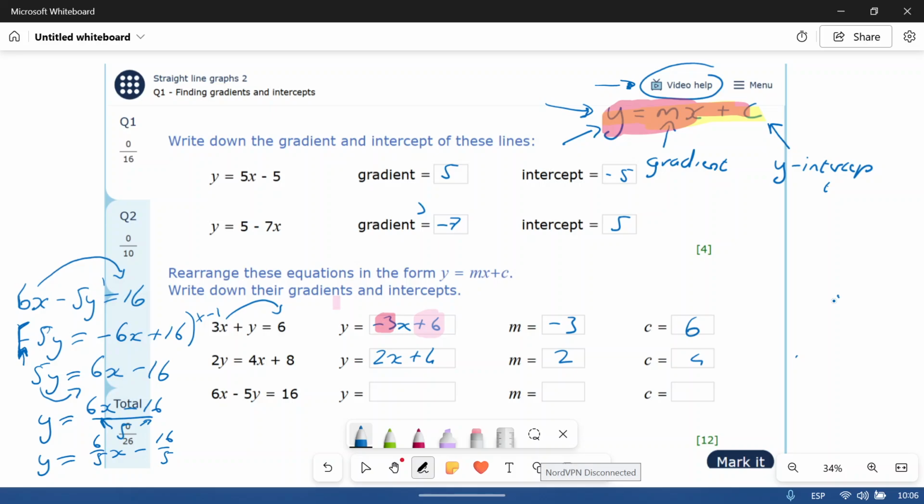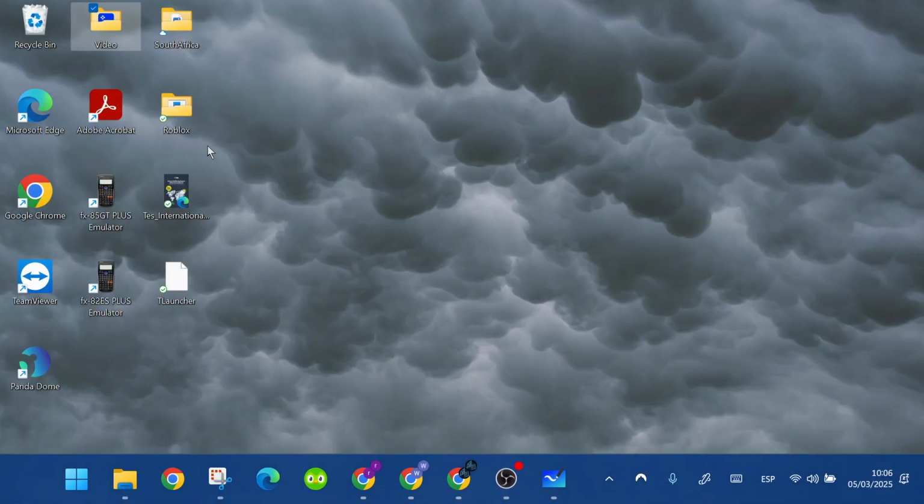I'm just thinking, how are you going to put this in there? Because now we got 6 over 5 x minus 16 over 5. Let's whip out a calculator there.